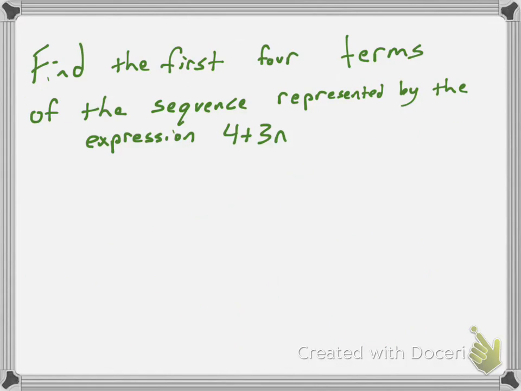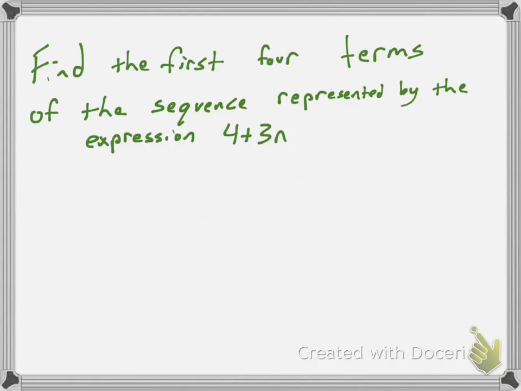All right, here's another type of question they'll have. They say, find the first four terms of this sequence represented by the expression 4 plus 3n. This is one of those sequences that's a little bit more involved than just adding a common difference. There's multiplication going on and addition here. So, what we do is we want to find the four terms.